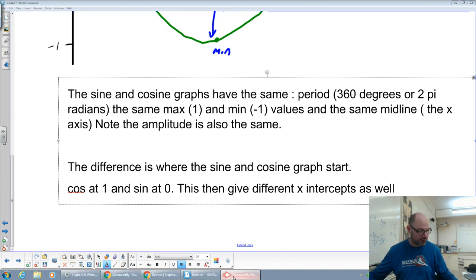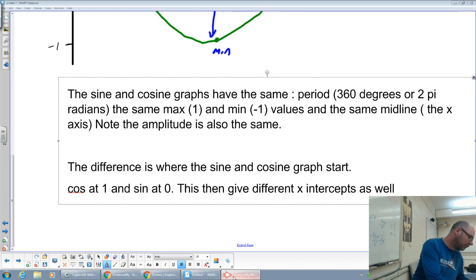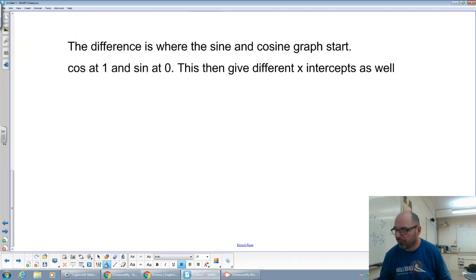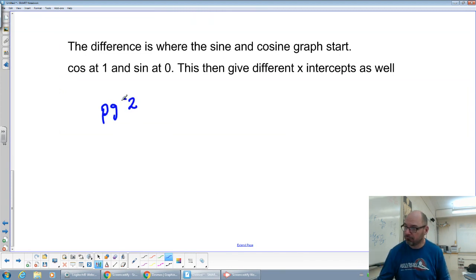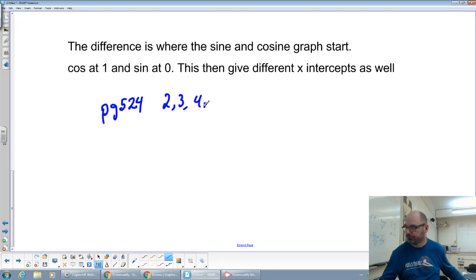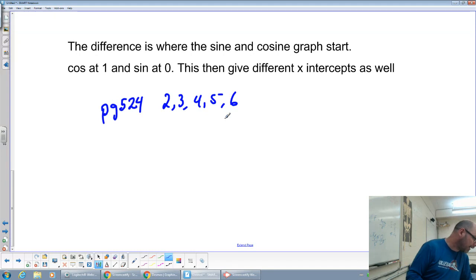But even if you do it orally with somebody, and just talk about some of the stuff in there, you can check out page 524. You can just do 2, 3, 4, 5, and 6. And you can just analyze them.